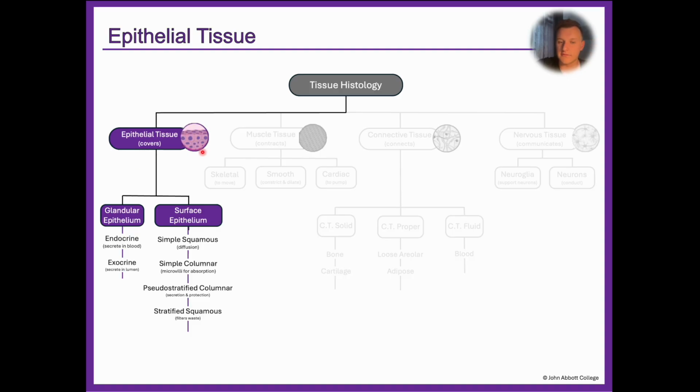Epithelial tissue covers things. It could be a surface epithelium. We'll see simple squamous ones, simple columnar, pseudostratified, stratified squamous. And then over here, glandular epithelium. That's like endocrine glands or exocrine glands. We're going to see these two subtypes of epithelial tissue.